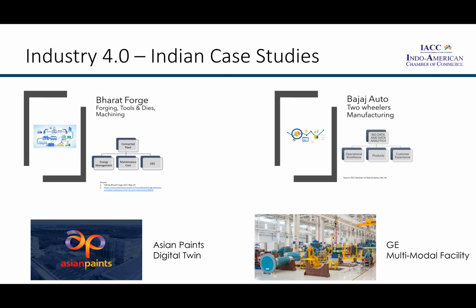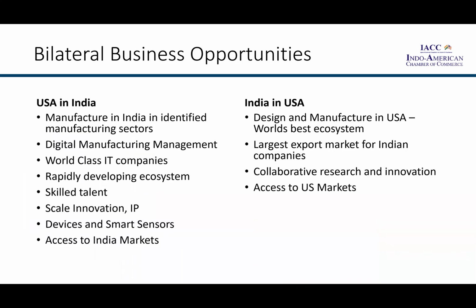So this flexibility and configurability is something which they achieve through a multimodal factory. The factory can be configured to manufacture different products from GE portfolio in the shortest amount of time. So I guess that gives you a glimpse of the status of how India is progressing on the Industry 4.0 value chain.